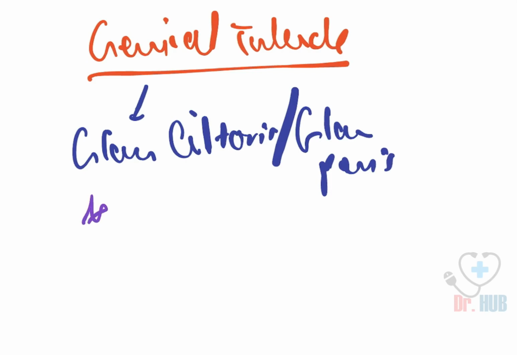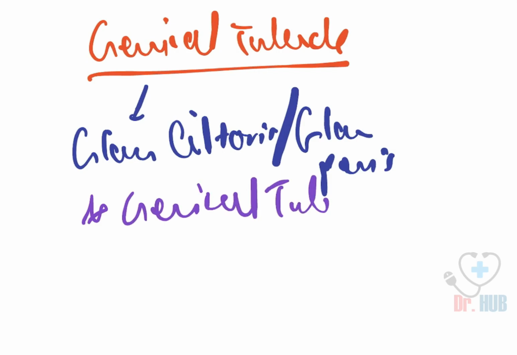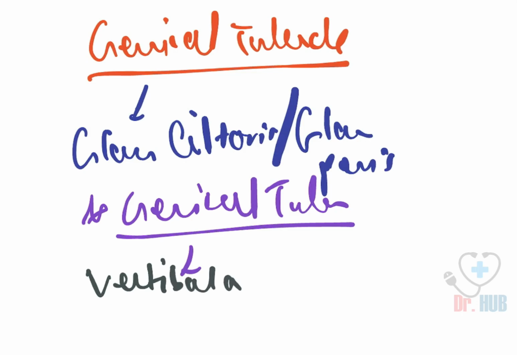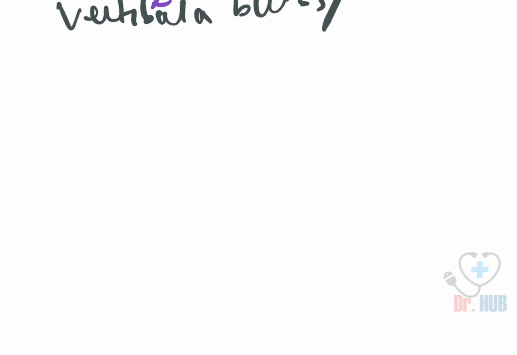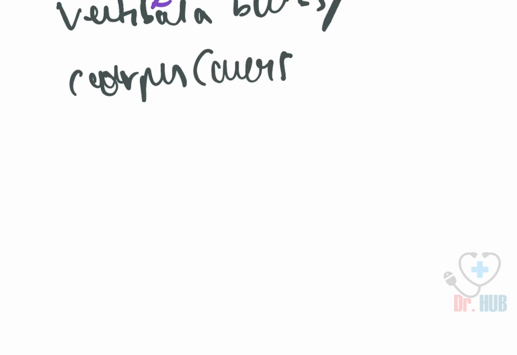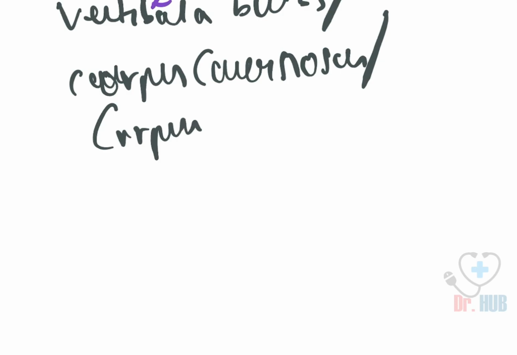Then looking at the other part of the genital tubercle, it leads to the vestibular bulbs as well as the corpus cavernosum and the corpus spongiosum.